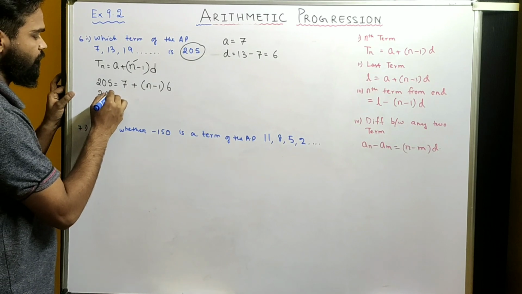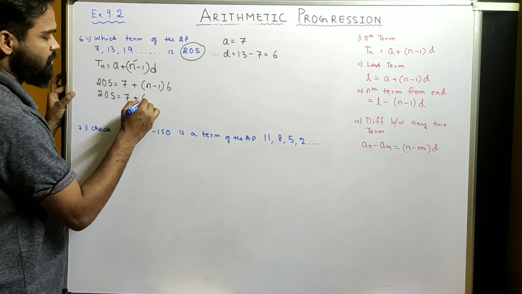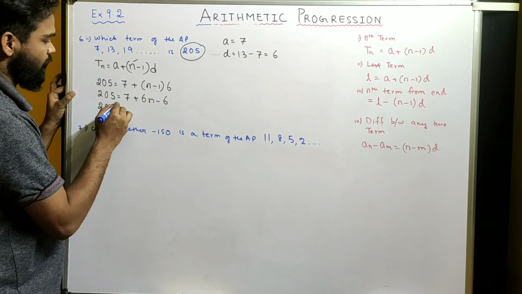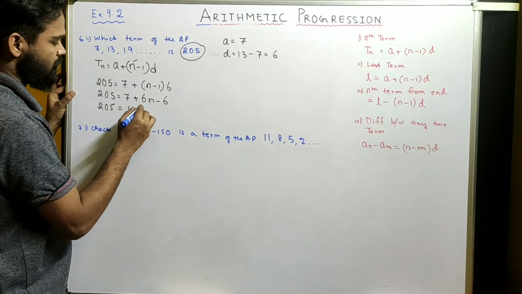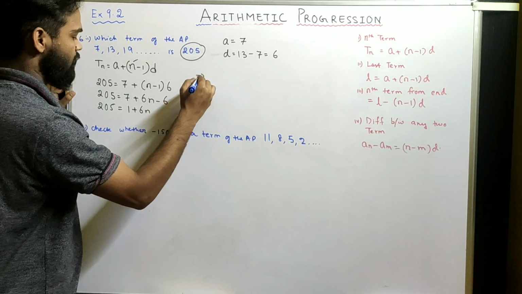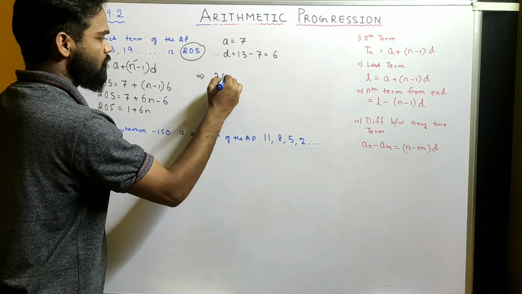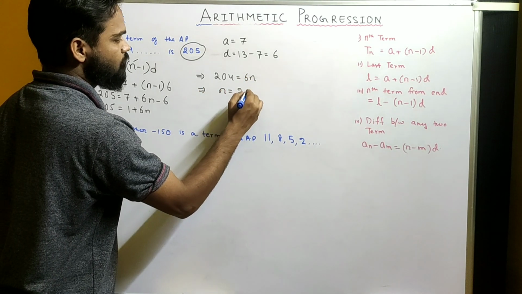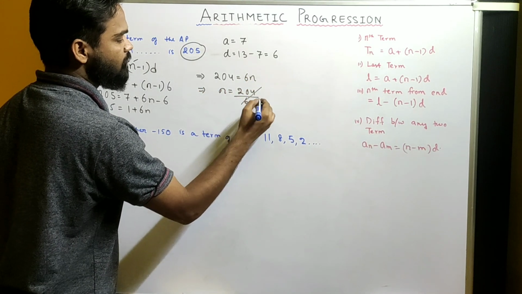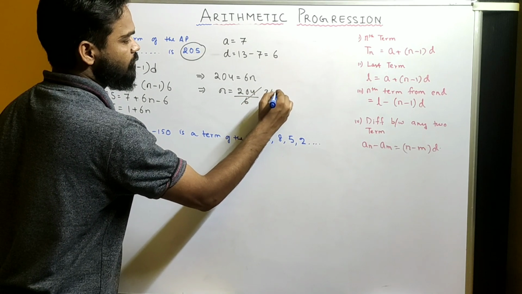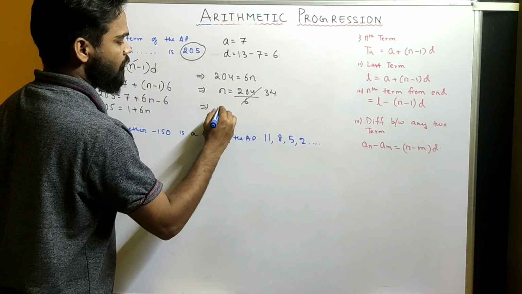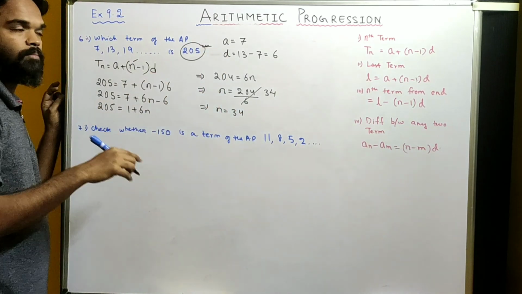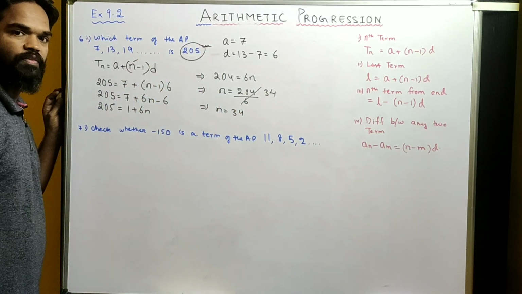So 205 equals 7 plus 6n minus 6, which means 205 equals 1 plus 6n, which means 204 equals 6n, which means n will be 204 by 6, that's 34. So n is 34. So the 34th term will be 205.